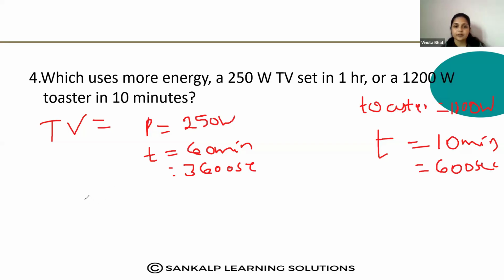So here TV has the power 250 watt and the time used is 3600 seconds, that is equal to 25 into 36, 900.